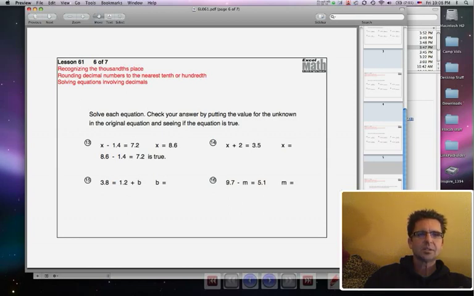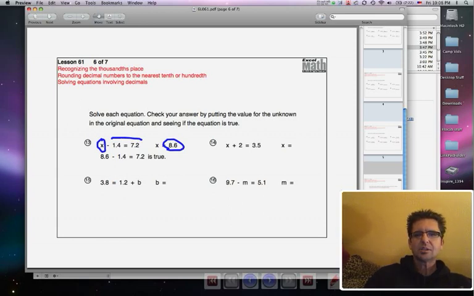That's not correct because we want to have a larger number where the x is, so we have to add these two numbers together. And so when you add 7.2 and 1.4, you get 8.6. 8.6 minus 1.4 is equal to 7.2. That's true. So be careful on these. After you think you have the right answer, go back and double check and make sure that it actually works, because most kids miss these.